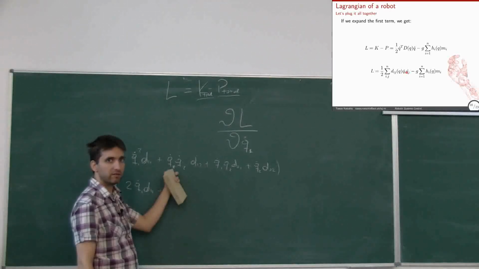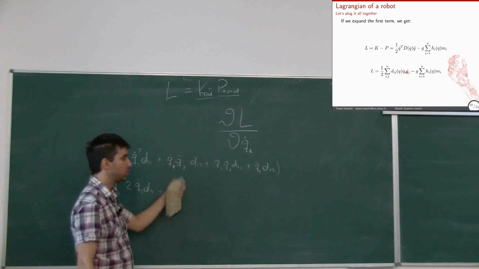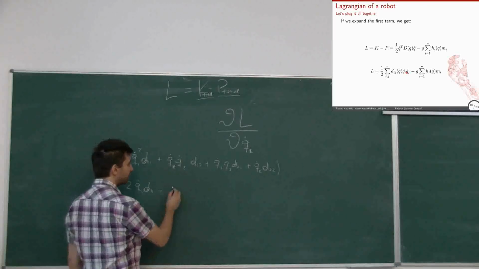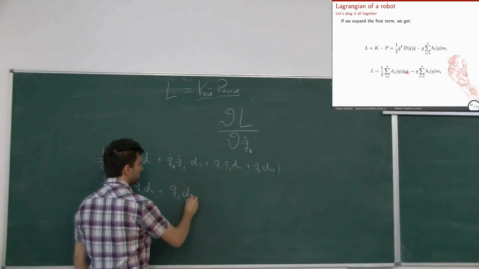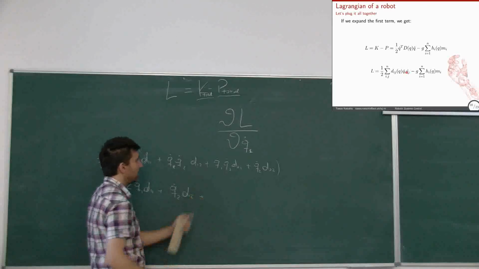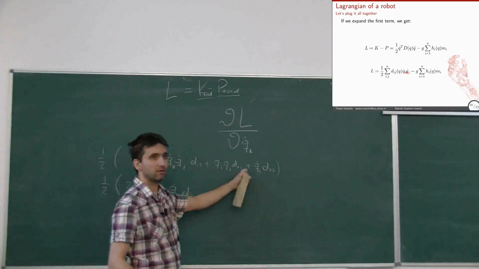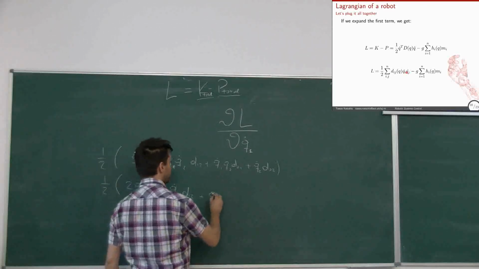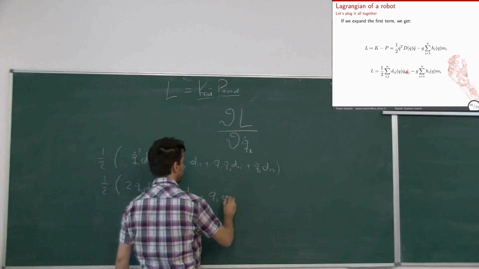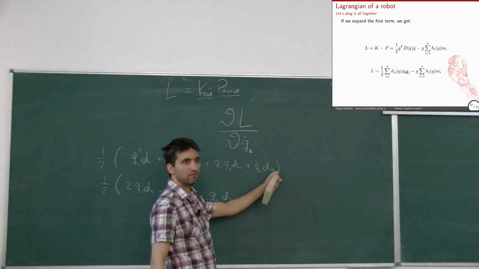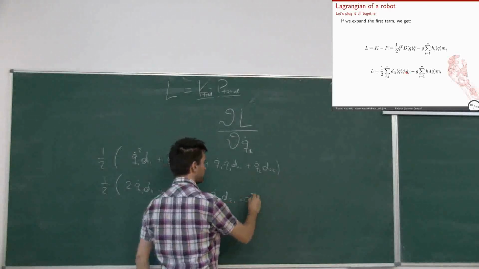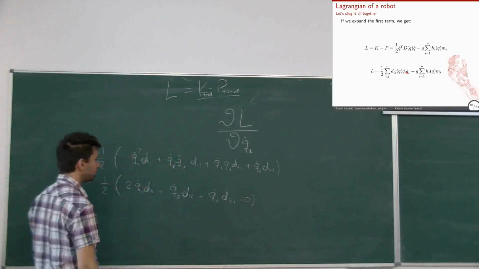Yes. What's the derivative with respect to q1 dot? q2 dot times D12. And here, same, plus q2 dot D21, and this term, 0.